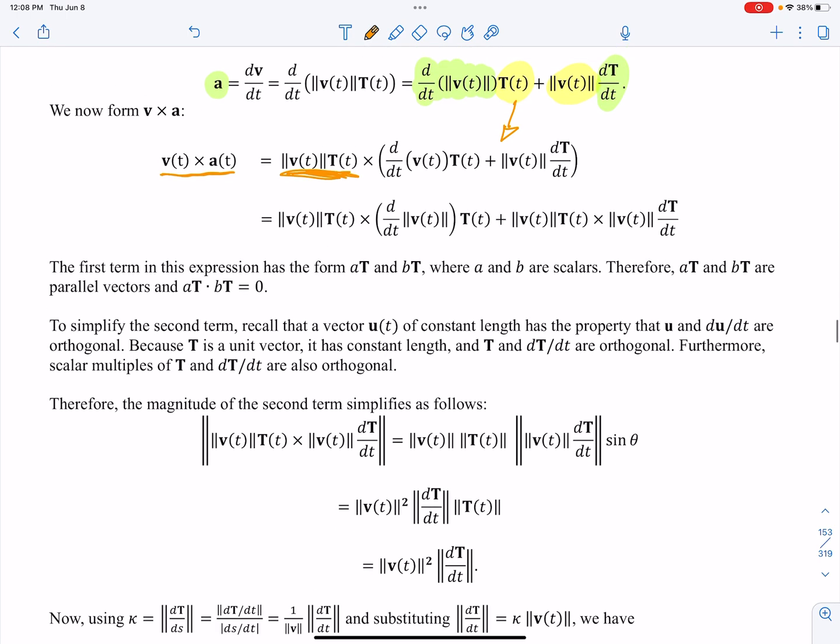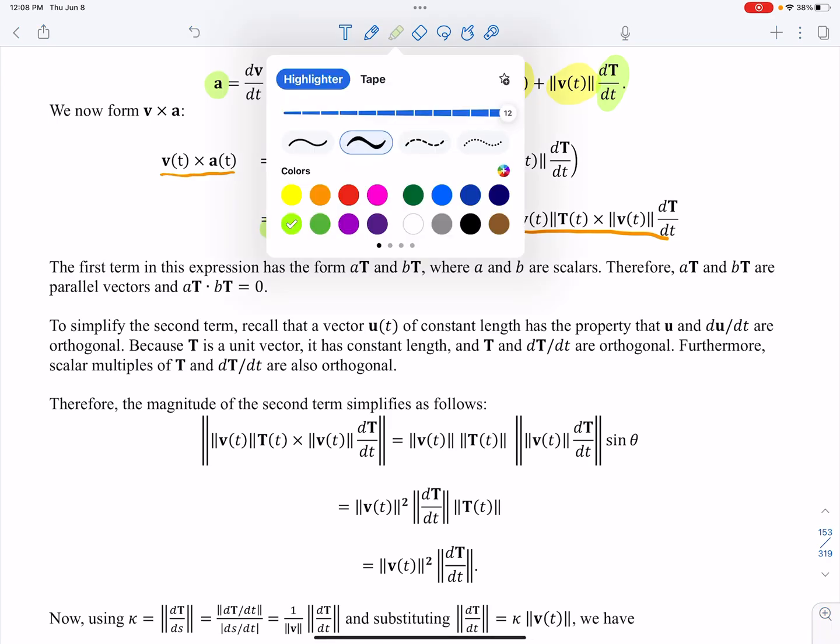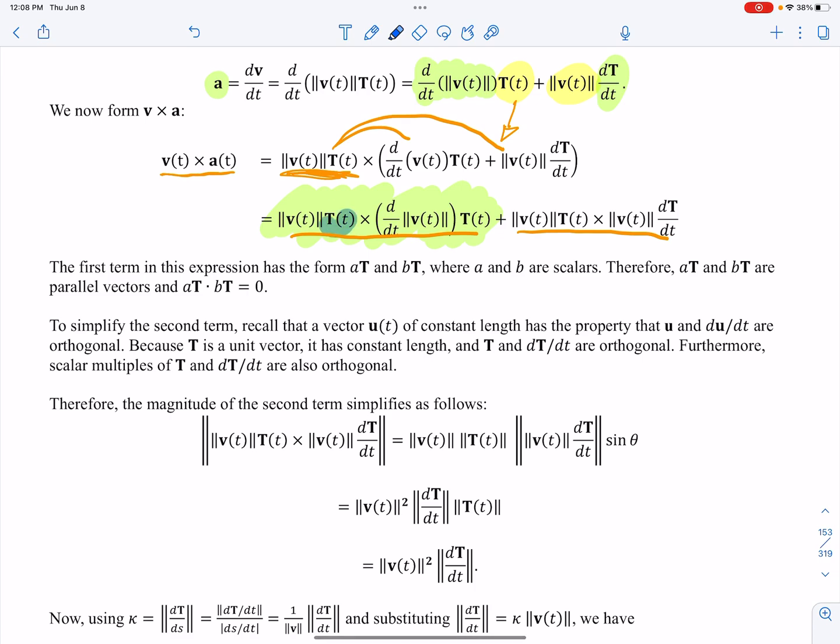Properties of cross products is they distribute. So notice that this just distributed with that and with that to give me the first distribution and the second distribution. Let's take a look at this term first. I want you to notice that two of these terms are big T of t.